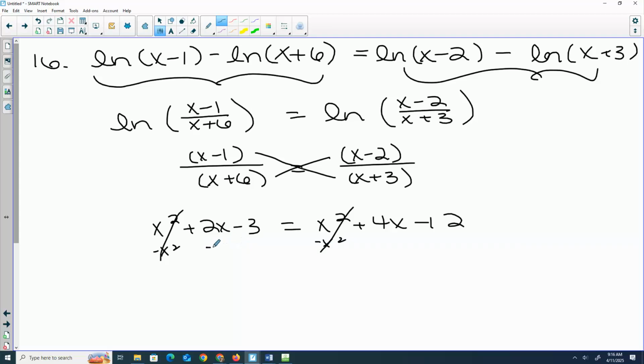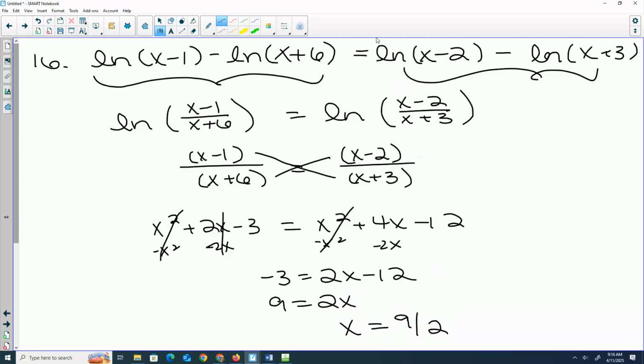So if I subtract my 2x, add my 12, divide, we get 9/2. You have to check. 9/2 is 4.5. So 4.5 minus 1 is positive, plus 6 is positive, 4.5 minus 2 is positive, plus 3 is positive. So that's my only answer.